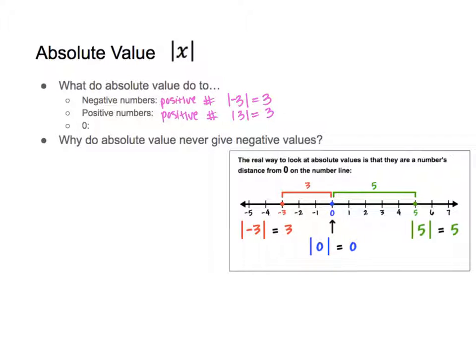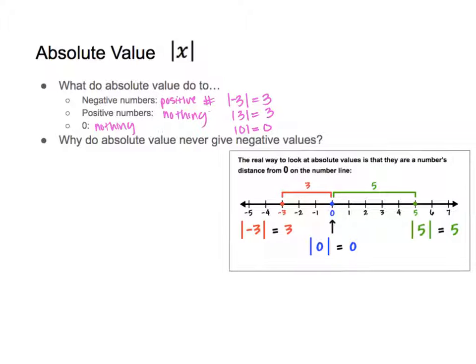And if a 0 goes into an absolute value, that's just still going to be 0. 0 is not a negative number or a positive number, so we just get 0. And I'll explain why they become just positive numbers. Nothing really happens when you put in a positive number, so maybe I should just put nothing here.